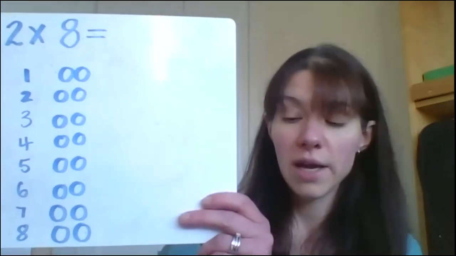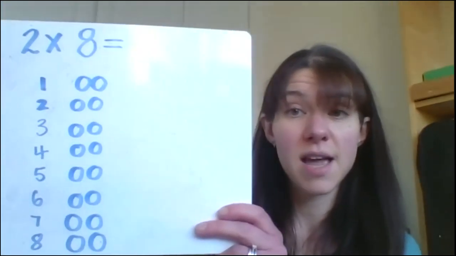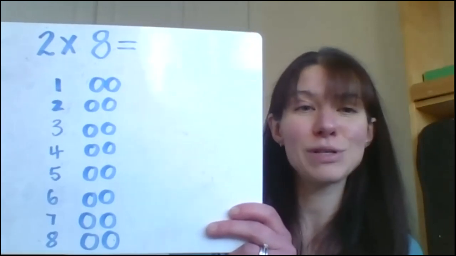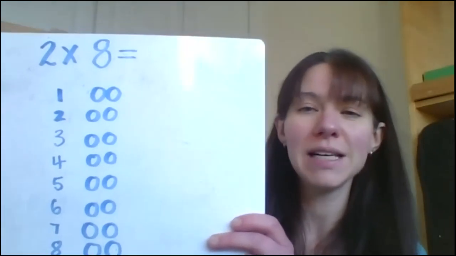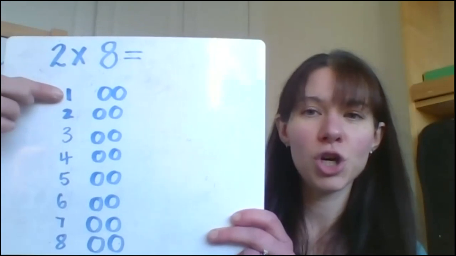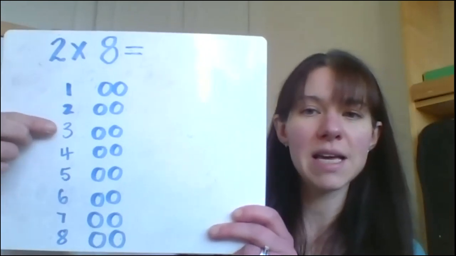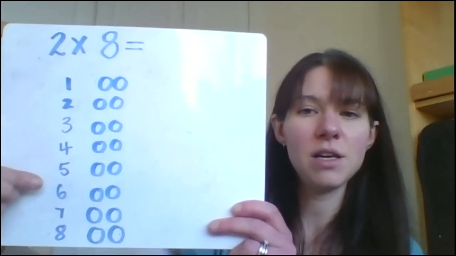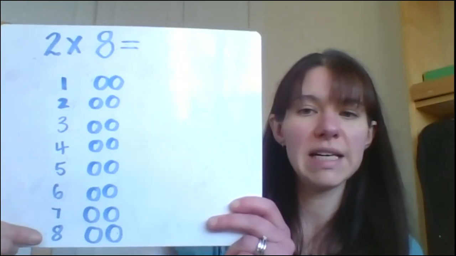So again, all I need to do now to find the answer is count them. So let's count in our 2s then. Off we go. So we've got 2, 4, 6, 8, 10, 12, 14, 16. Well done. I can hear a few little yeses because you got it right.